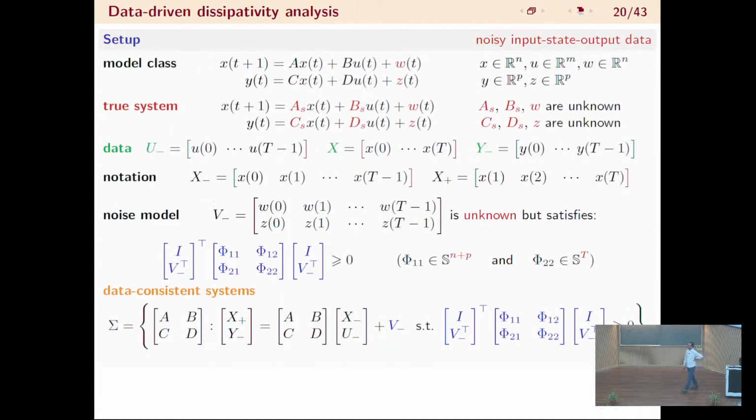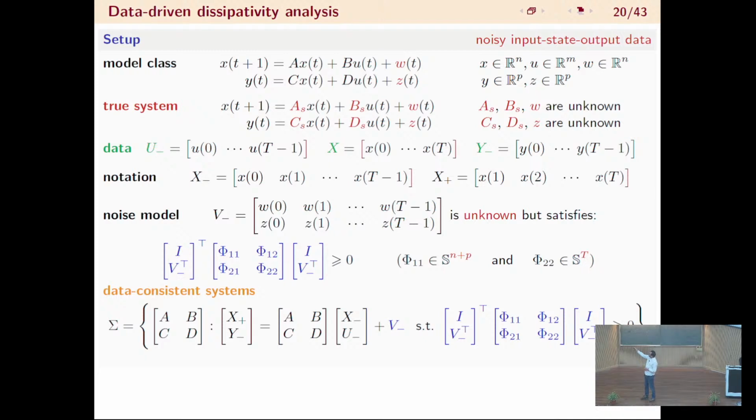Now, as before, I have to set up the model class. Unlike the previous cases, this time I have also outputs. I have inputs, states, and outputs all at the same time.